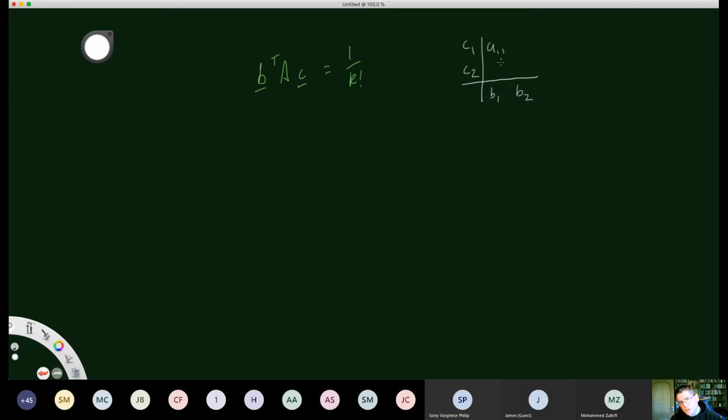I had A11, A21, and A22. So we have 7 to solve for, so we need 7 order conditions. So this one here. By the way, the B and C vectors are always assumed to be column vectors. So B transpose is actually B1, B2. We have our A matrix.